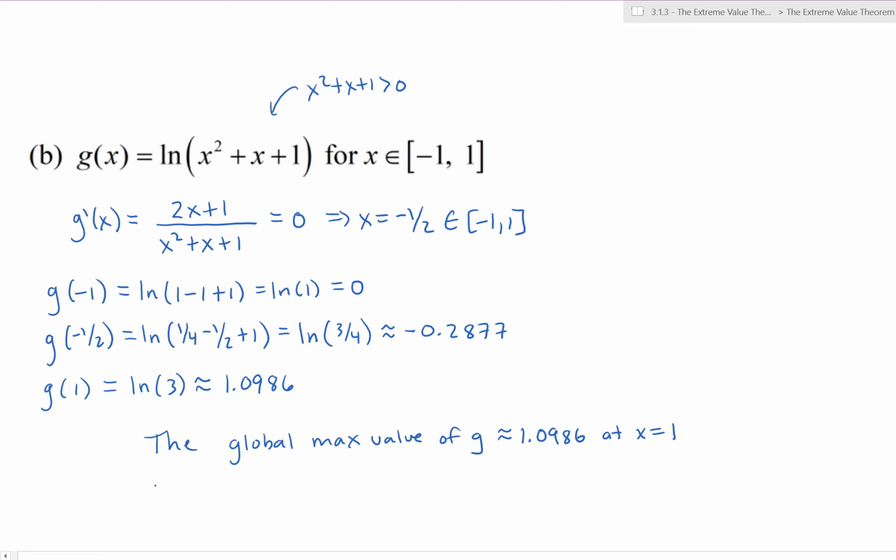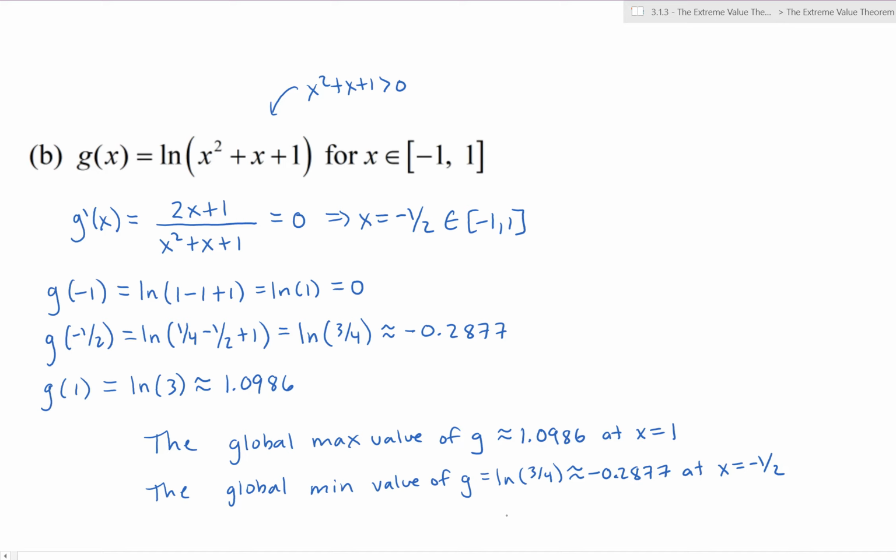And furthermore, the global min value of this function g is going to be the smallest out of all of these, which is the natural log of 3/4, or approximately -0.2877, and that occurs at x equal to -1/2.